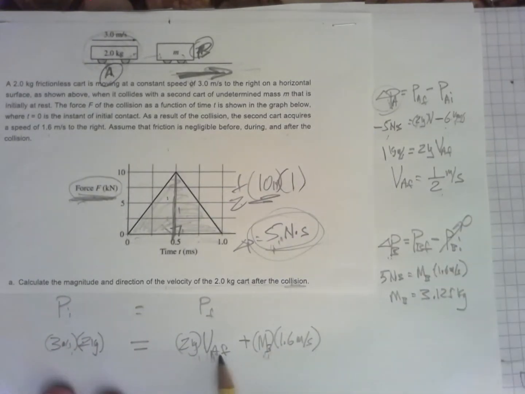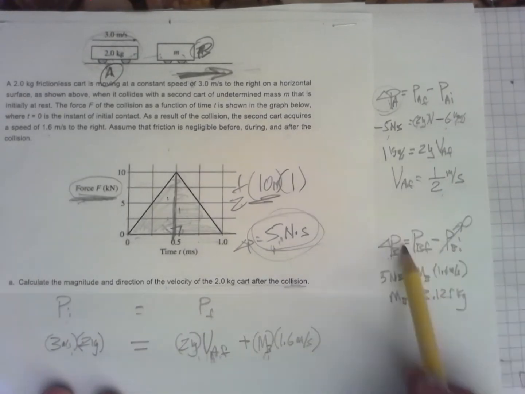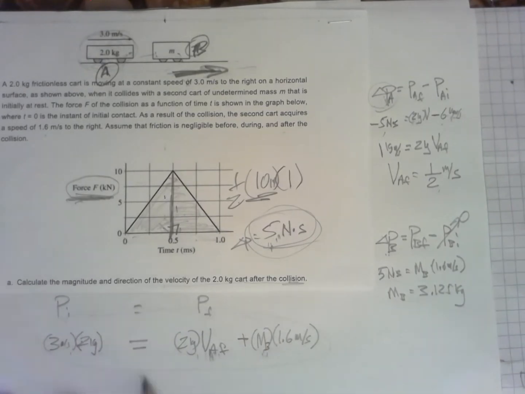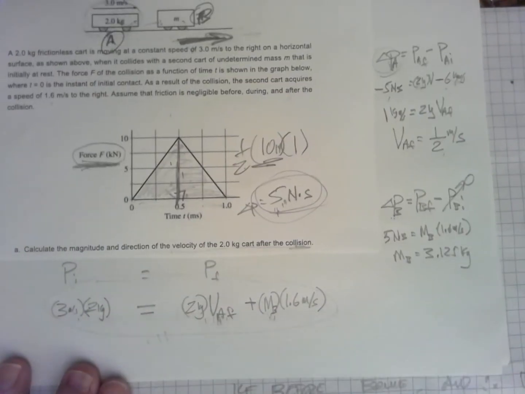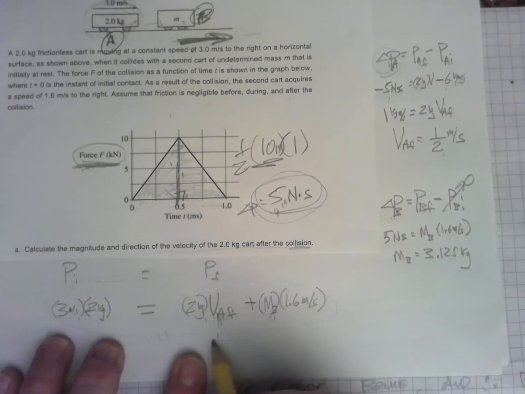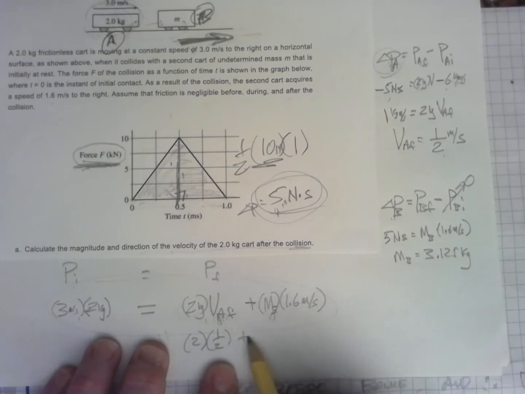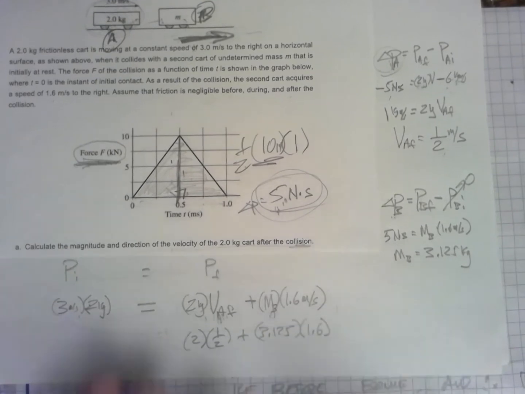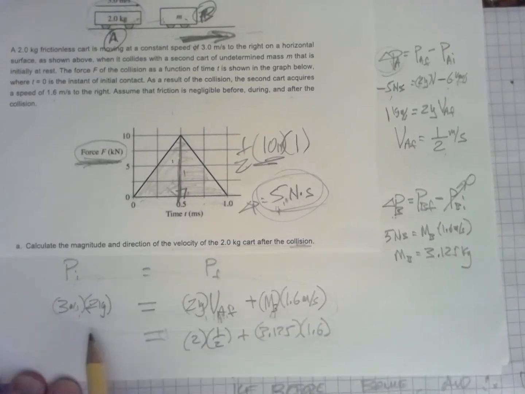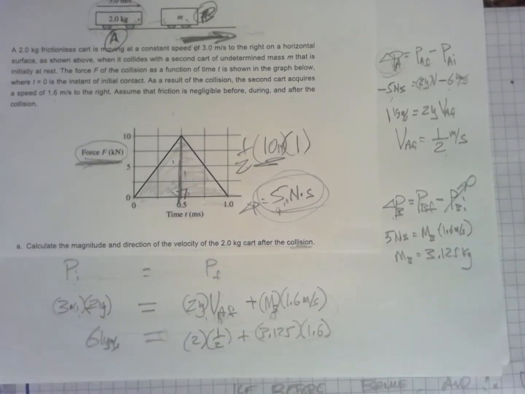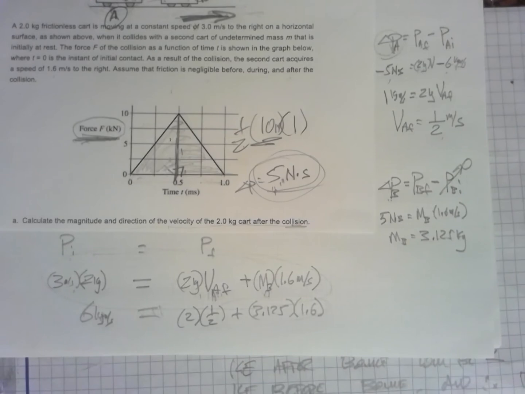Now, we could do a quick check. We did all this with impulse using the graph, but if it makes sense, it should work down here at the conservation of momentum. So I have this is a half a meter per second times 2. This is 3.125 times 1.6. So all of this should equal 6 kilogram meters per second. Well, let's see. Only one way to find out. So 2 times a half.